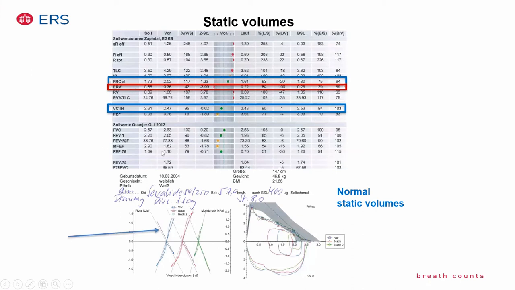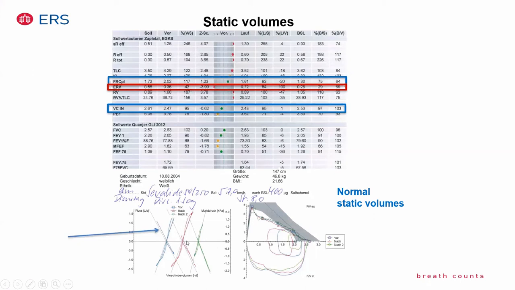Expiration to residual volume, it's the volume between FRC, so tidal breathing, resting, and expiratory lung volume, and then down to residual volume. And here you have a value of 0.36, which is equivalent to 42% predicted, Z-score of -3.99.